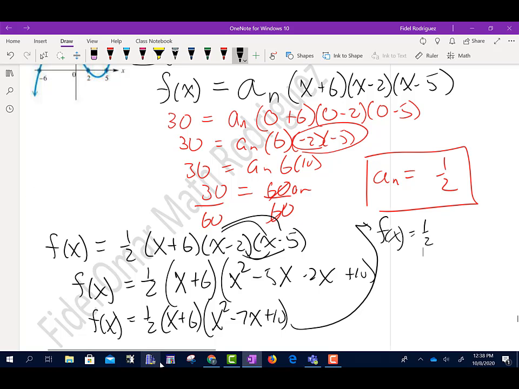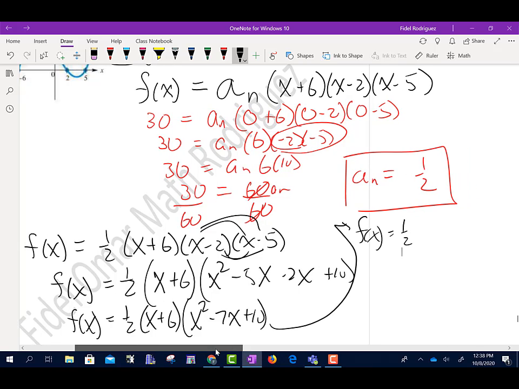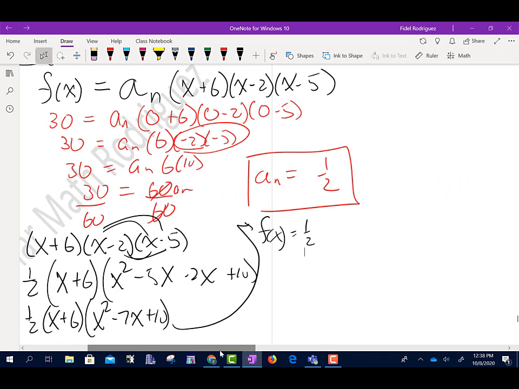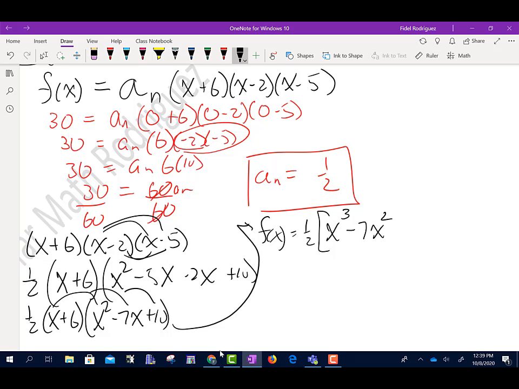So now let's start to distribute a little bit. Let me move this guy over a little bit. There we go. Okay, so let's take the x first. So that's going to be x to the third minus 7x squared plus 10x. And then let's do the 6. So plus 6x squared.